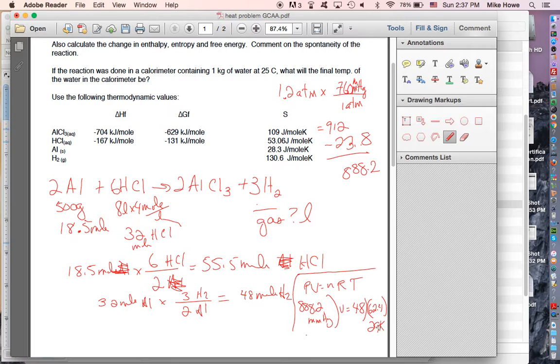So I get a final answer of 1004, but that doesn't sound right to me, so let's double check that. So 48 times 62.4 times 298, this 298 right here, supposed to be an 8 there.